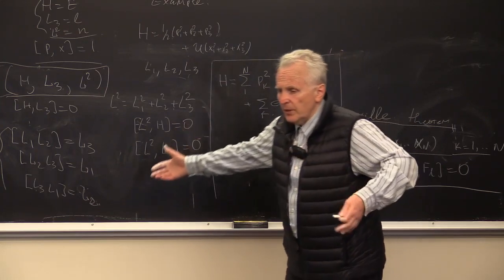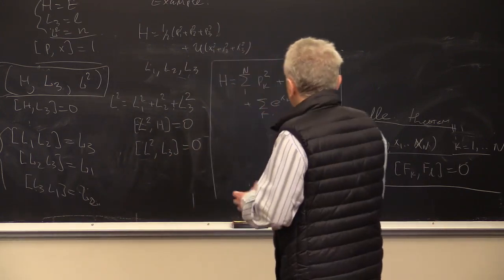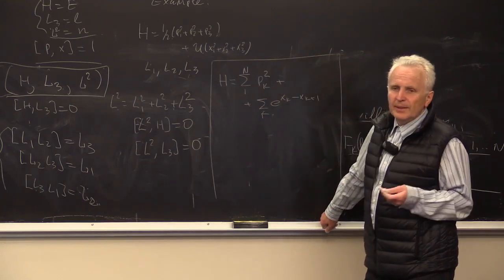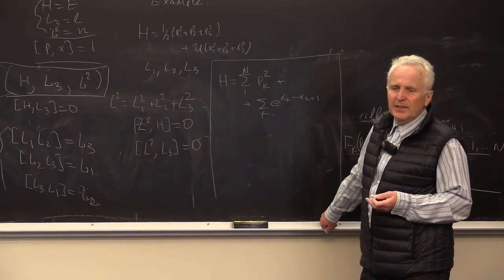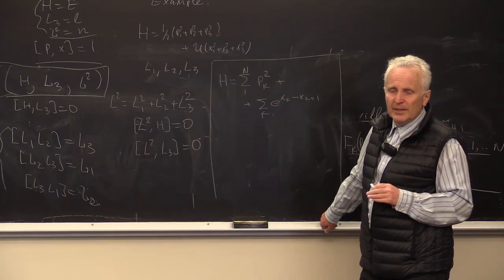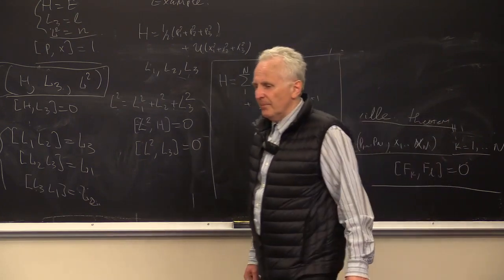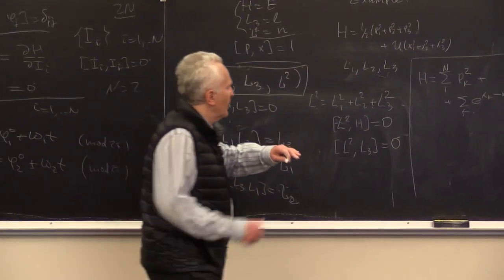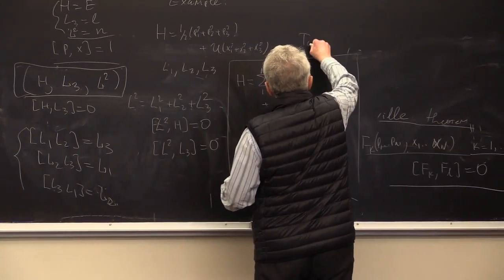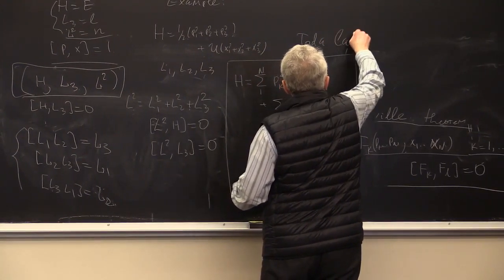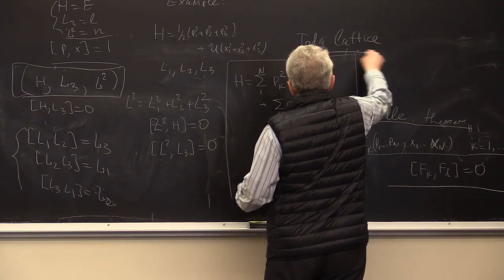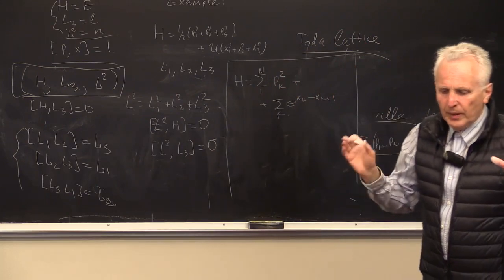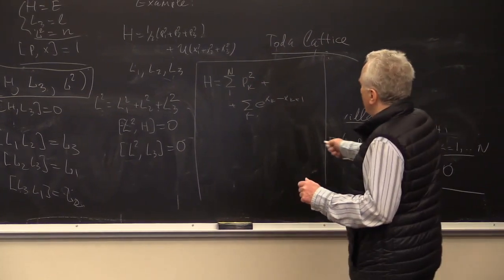Naively, if you use just Noether's theorem, what kind of naive integrals would you ascribe to this system, or conserved quantities? So this is the Toda lattice, and this is the example which we will work out later in the course.